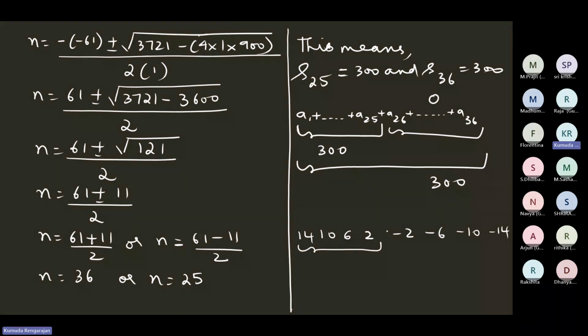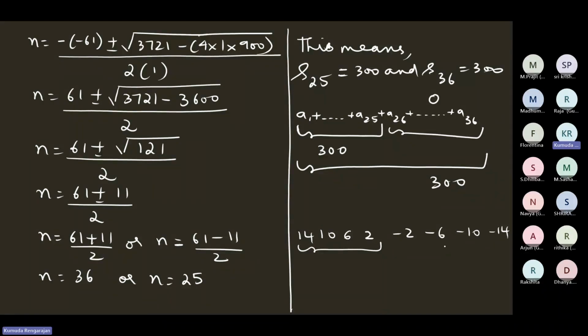So I just started with two numbers, like I started with 2 and minus 2. And I just understood the gap between them is 4. So then you understand. So 2 plus 4, 6, plus 4, 10, plus 4, 14. And this side, minus 6, minus 10, minus 14. So you can see this is an AP with common difference minus 4. 14, 10, 6, 2, minus 6.